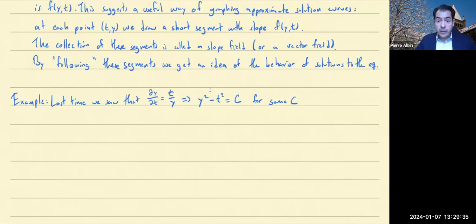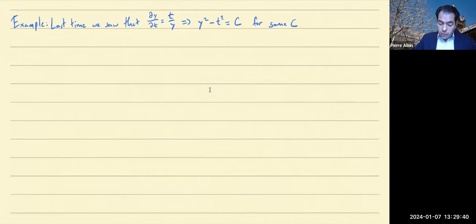In this case, we already know what the solutions are. You don't need to know the solutions to work out the slope field. Let's look at what it is in this case.